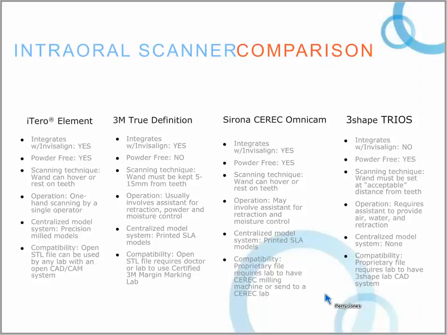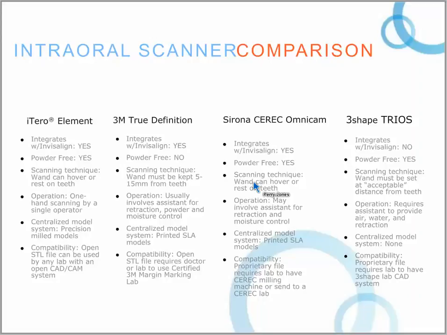I remember I told you that there was this issue of hovering. In the case of the Element, you can rest on the teeth. In the case of the True Definition, you must hover at a certain 5 to 15 millimeter distance from the teeth. You can touch the teeth and/or hover in the case of the Sirona OmniCam, the CEREC system.